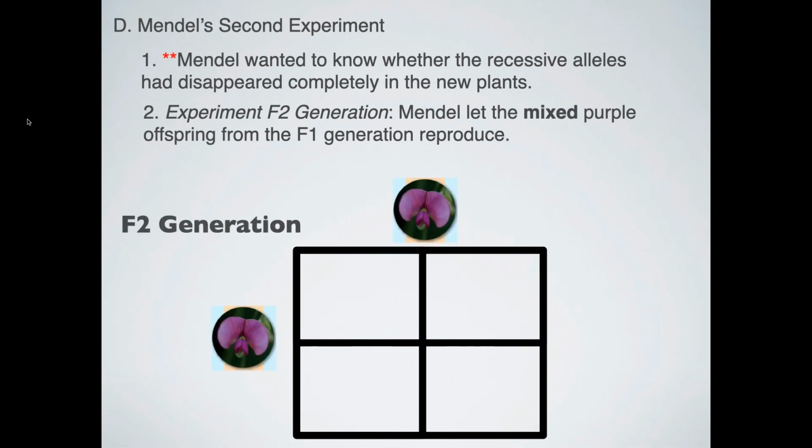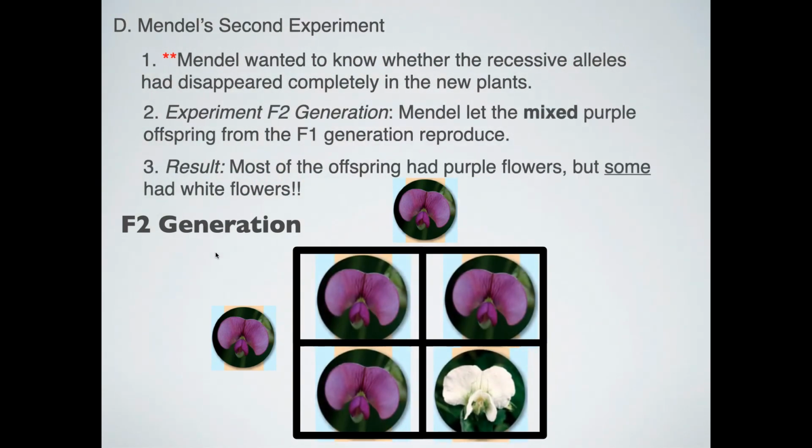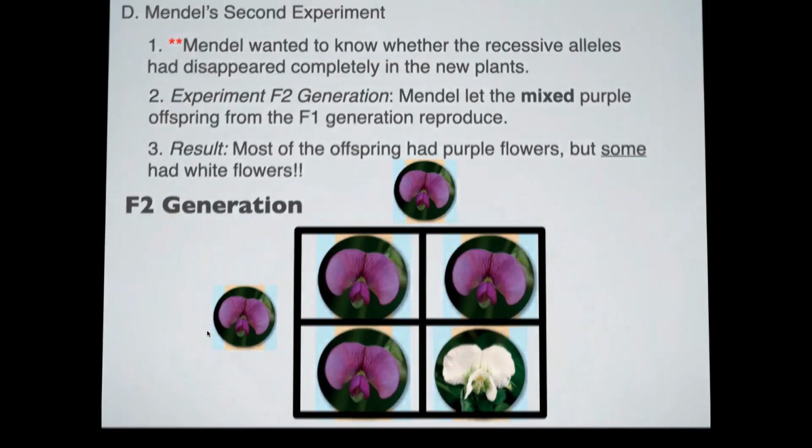We would call this the F2 generation. This is what he saw. About 3/4 of the flowers had purple flowers for this generation's children, but about a fourth of them had white flowers. So that told him that allele was still there in the genetic code. It was just masked or hidden, or it skipped a generation somehow.